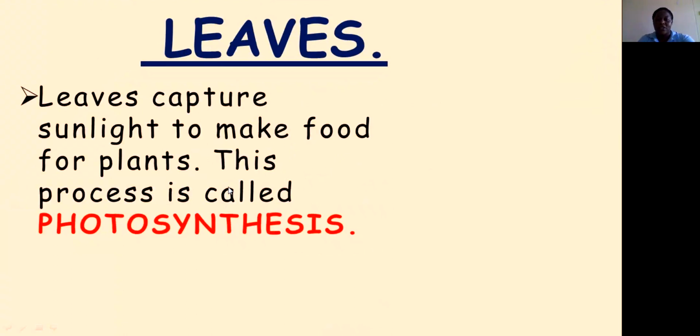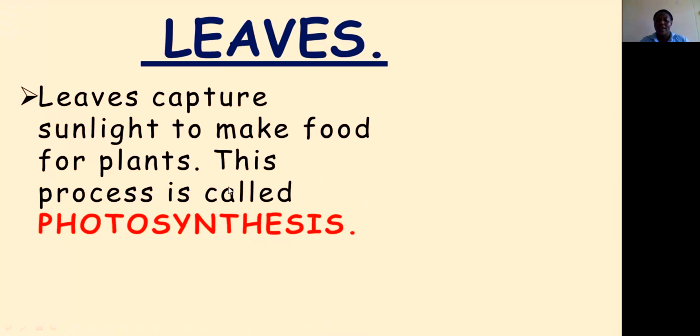Okay, as the teacher takes you through, you try also to read what is on the screen. Leaves capture sunlight to make food for the plants. The leaves obtain sunlight from the sun to make food for the plant.